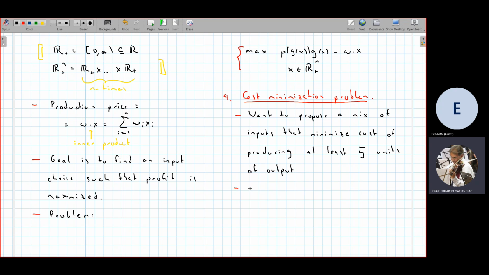Again, we're going to have n inputs, with the amounts given as before.